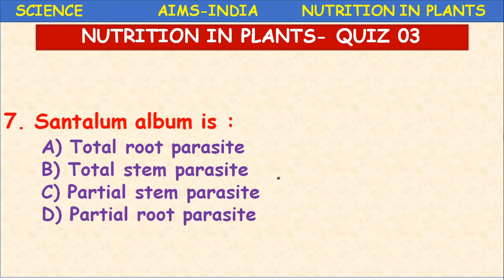So all the questions are related to parasites only, parasitic plants, today's topic. It is a partial root parasite. Okay, Orobanche is a total root parasite. So Santalum is a partial root parasite. Cuscuta, total stem parasite.